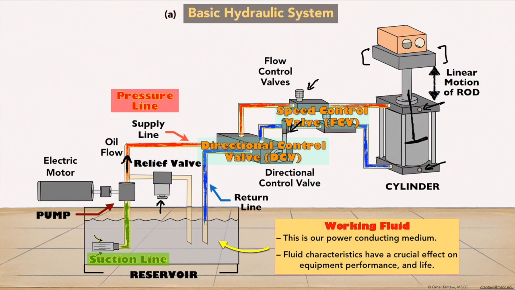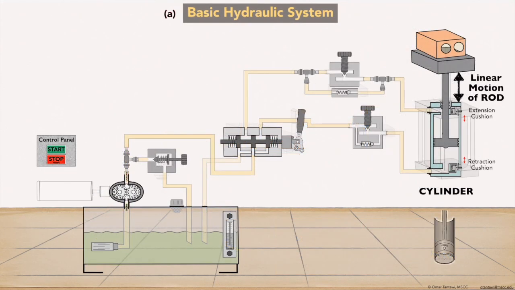Now, let us look at what these hydraulic components look like from inside and understand how they work. At first, let us identify the components. The power unit has a pump, this type called a gear pump, a pressure protection unit, here we have only a relief valve, and a tank unit.